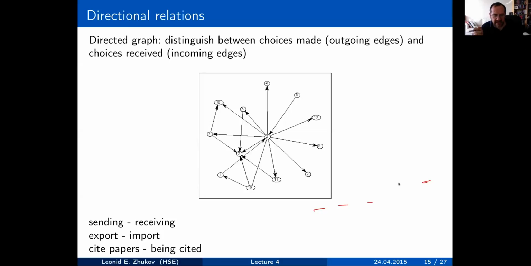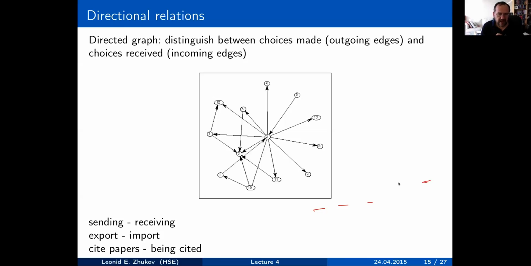So now life gets a little more complicated and interesting when we get into directed graphs. And in this case, we need to distinguish between choices made by the node or choices made by an actor and choices received. Well, I mean, in some sense, I'm sending out emails, so it's the choices that I made.